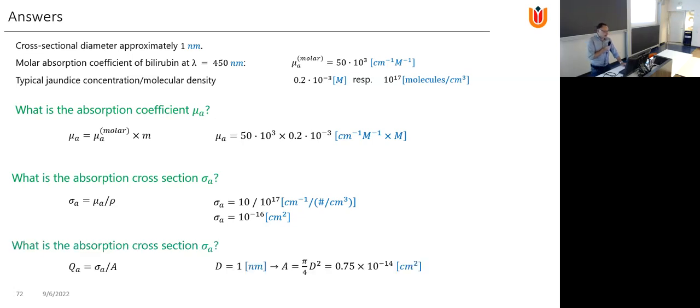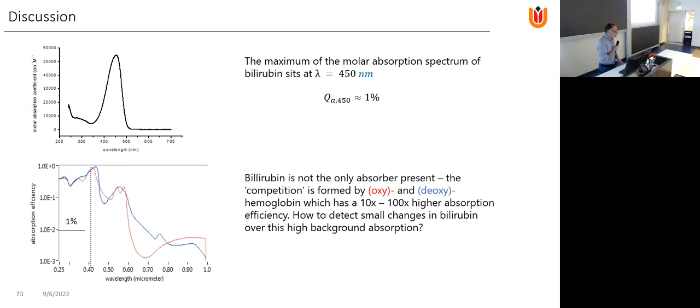So that means that we can calculate an approximate area of the molecule, and then find that the efficiency is in the order of 1.33 times 10 to the power minus 2. So basically that means that the absorption efficiency is in the order of 1%.